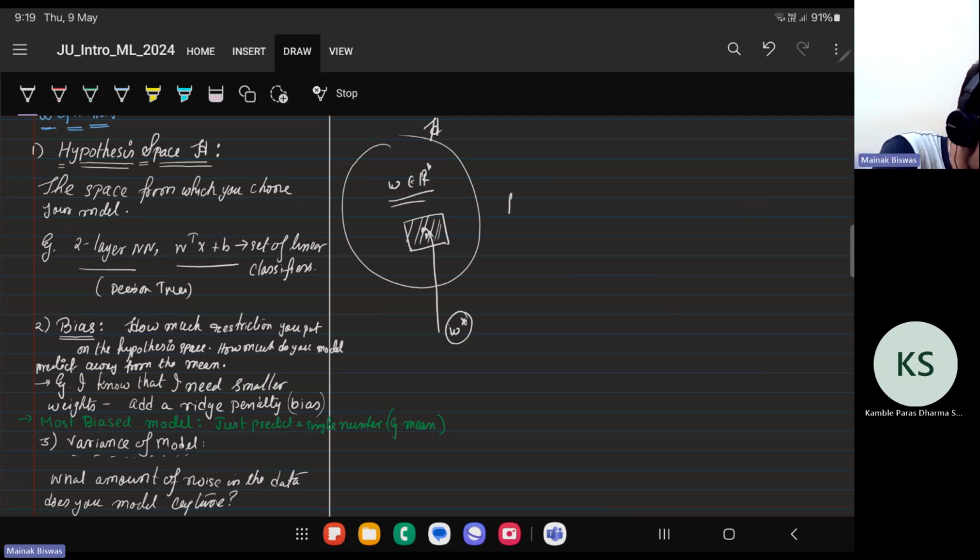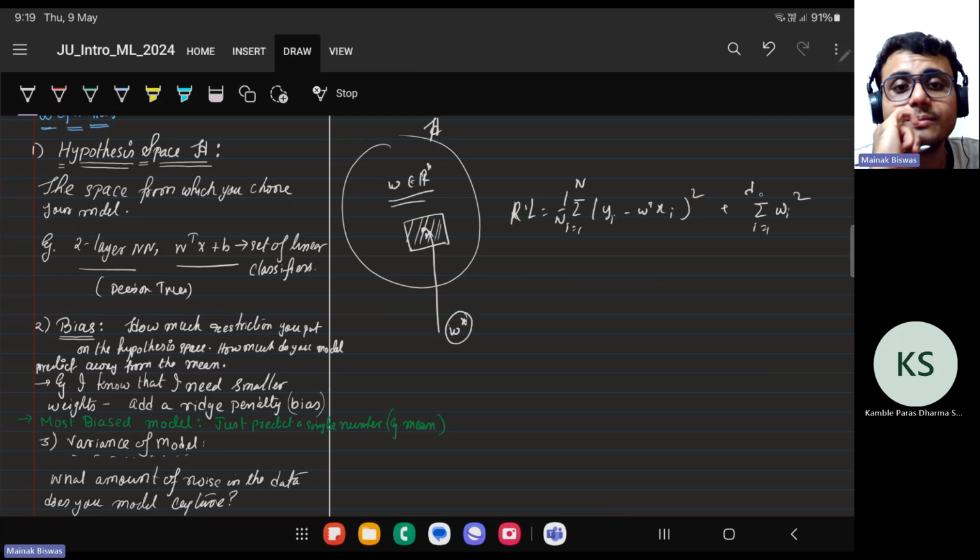So recall, what was the ridge regression decision problem? Ridge regression loss was equal to summation of (yi minus w transpose xi) whole square, i equal to 1 to n training examples, plus summation of wi square, i equal to 1 to d features.